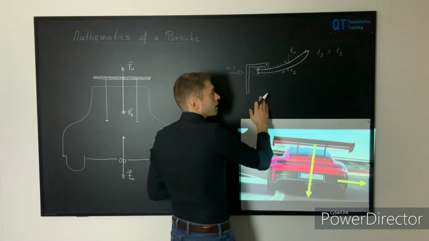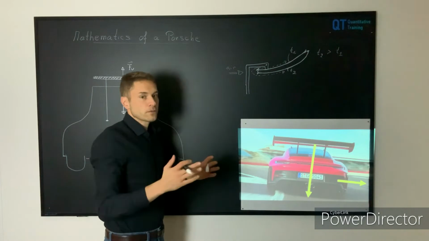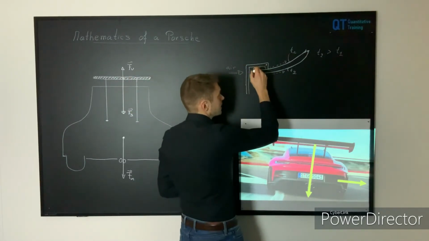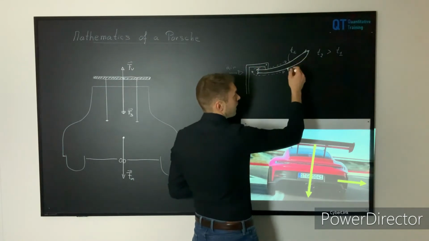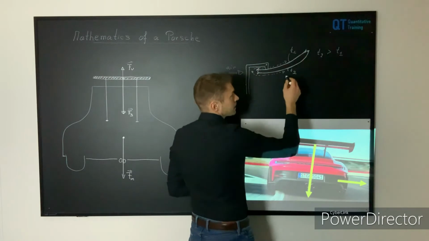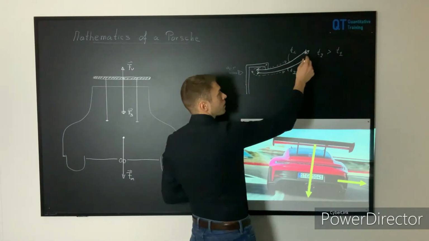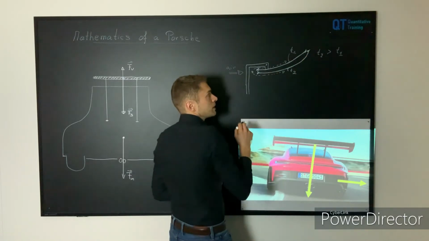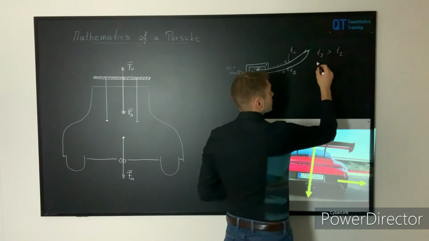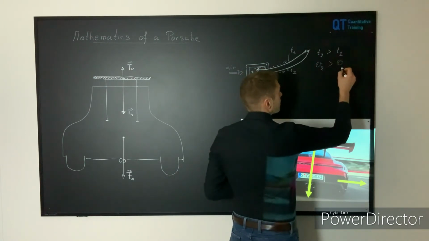A law of physics says that there cannot be annihilation of particles, so the particle that enters here on the spoiler has to be as fast going this trajectory as going this way. So the particle here, as it has to go over a longer segment, has to be faster. So for the particle here, the velocity v2 is larger than the velocity v1.